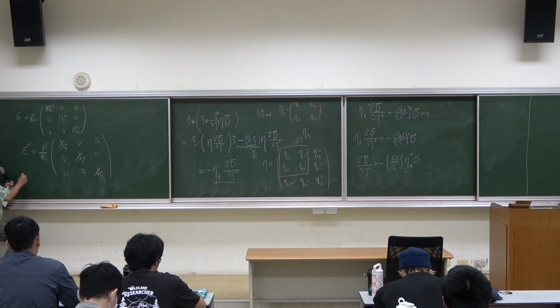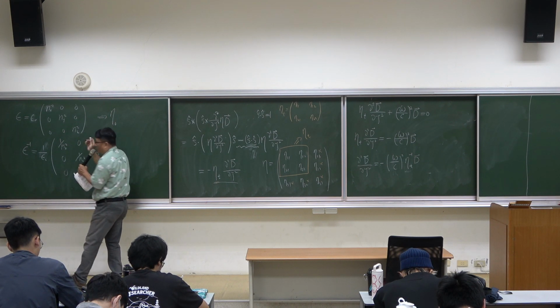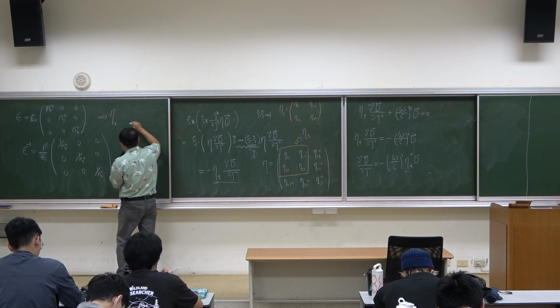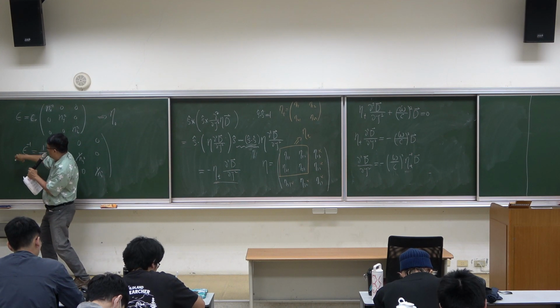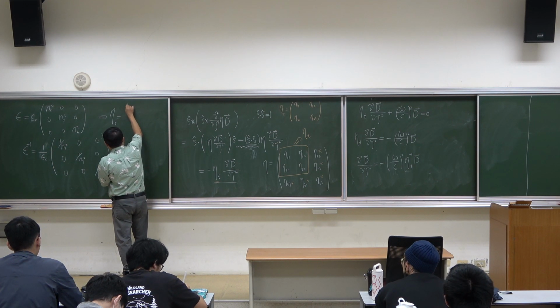And the eta 0 without perturbation, eta 0 is just epsilon 0 times this epsilon inverse is this form.